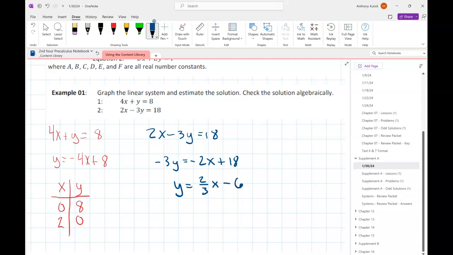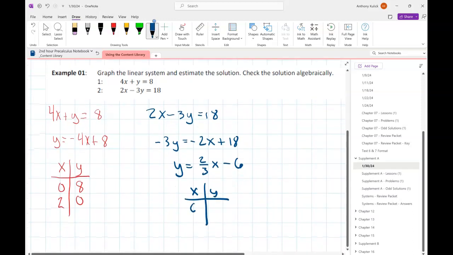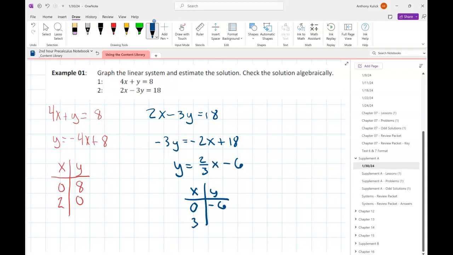Everybody okay with what I did there? Again, just some Algebra 1 algebra. Now I'm going to find 2 points on that line. Maybe I pick 0 and I get -6. And then let's do 3, and that's going to give me -4.